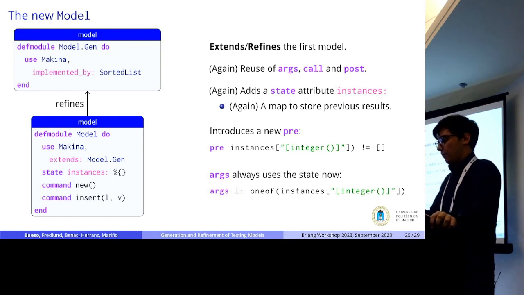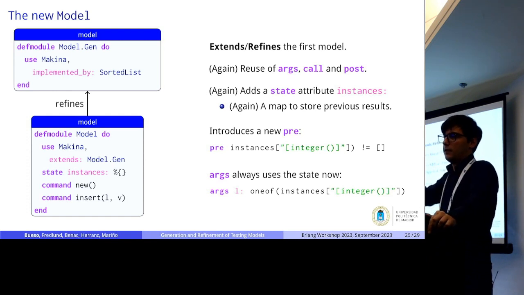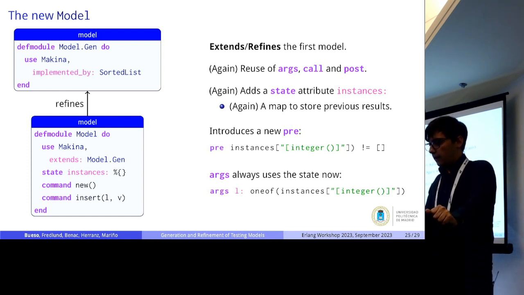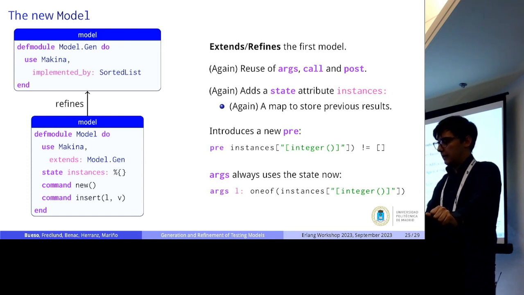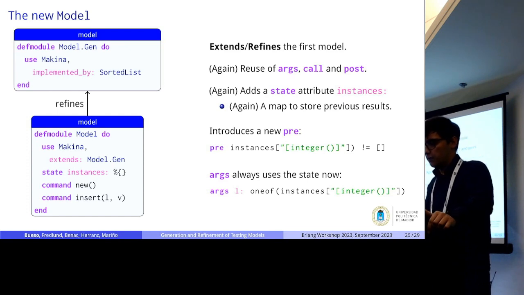And basically, we introduce a precondition because if we try to generate a command without having values of a needed argument in the state, the generation is going to fail. And this is the code for generating arguments. This time we only use previous values, as I said.